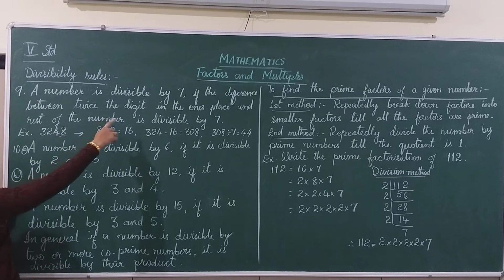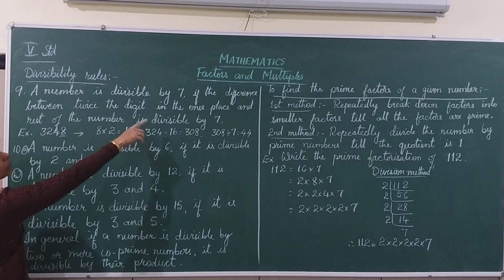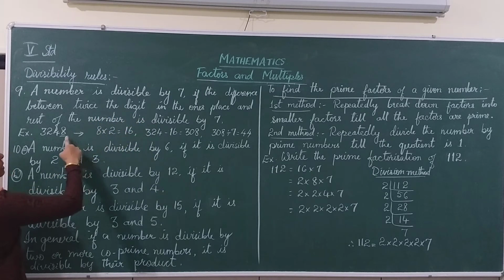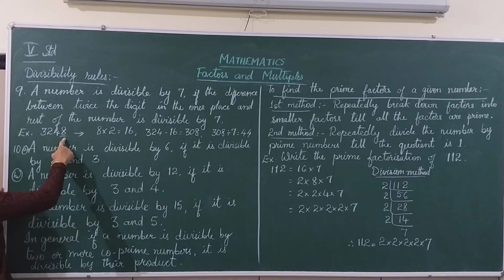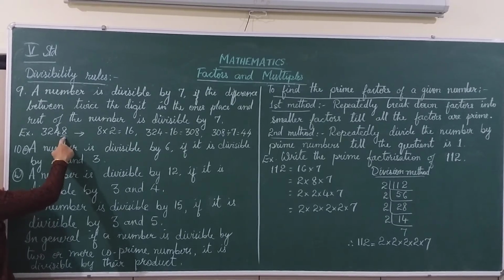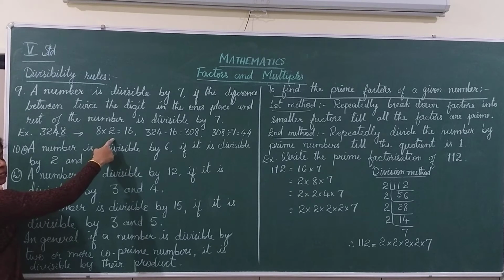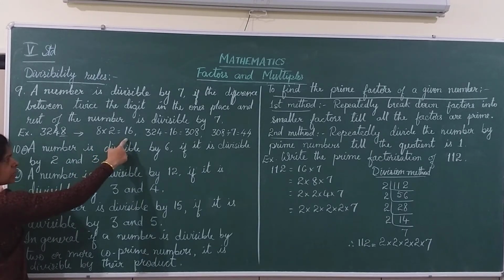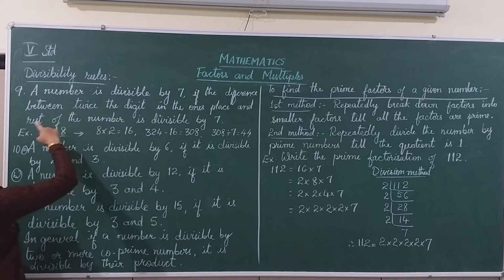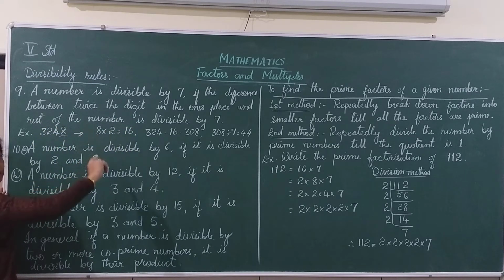What is the rule? Twice the digit in ones place means 2 times 8, which is 16.